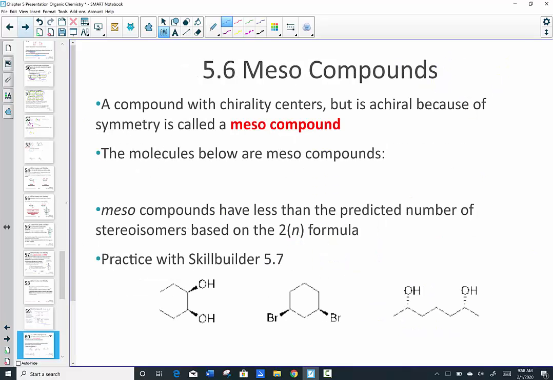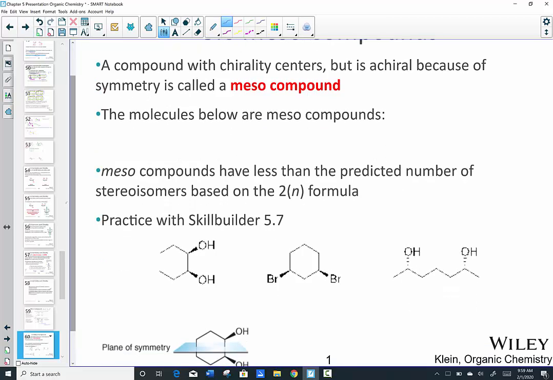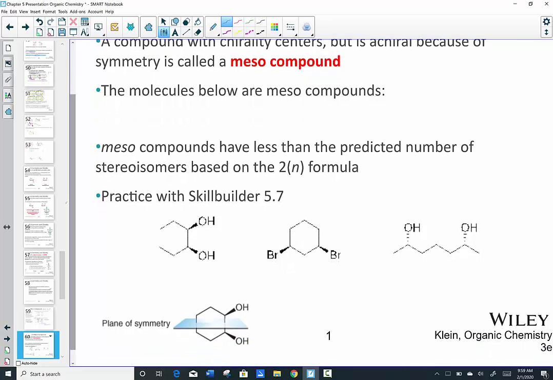A compound with chirality centers that is achiral, we're learning to call it a meso compound. And this is where you're going to just practice with your skill builders 5.7. If you can find a plane of symmetry, you know to recognize that as a meso compound. And so here, this didn't copy and print very well, but this right here is a cyclohexane.